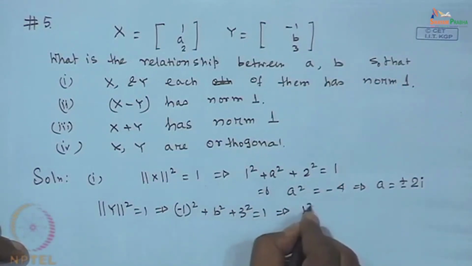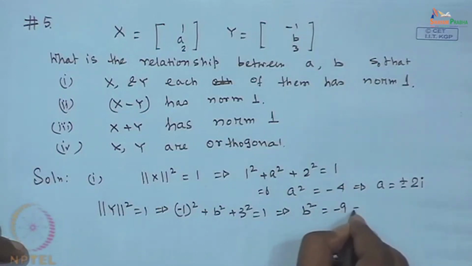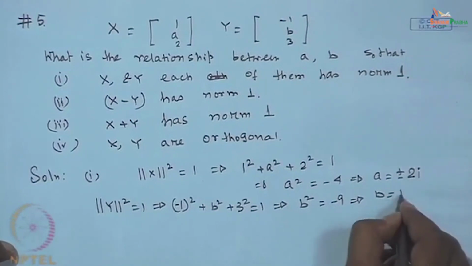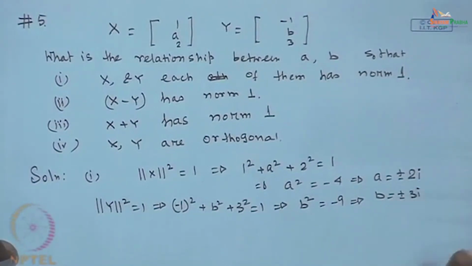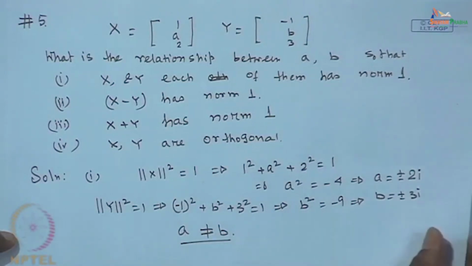So, therefore, b square is equal to minus 9. So, b is equal to plus minus 3i. Now, in this case the relationship between a and b is that a is not equal to b. Now, let us look into the second part where x minus y has norm 1.